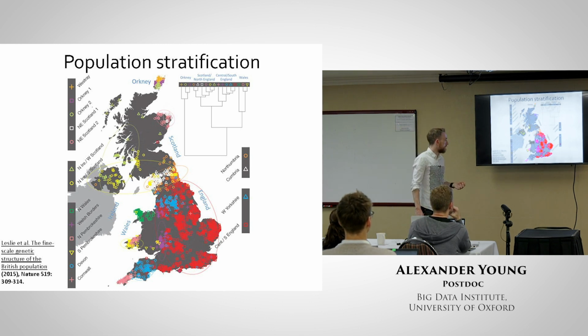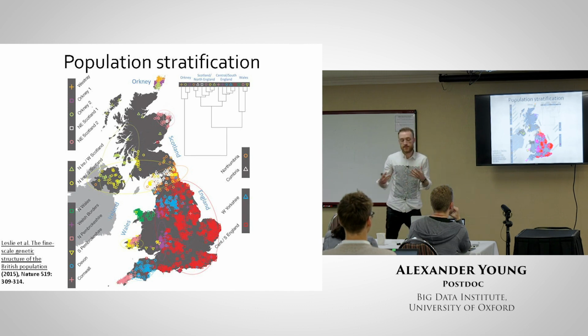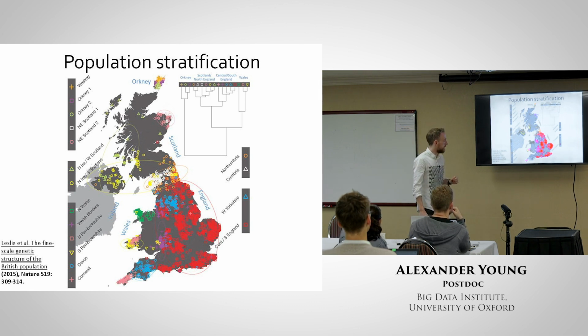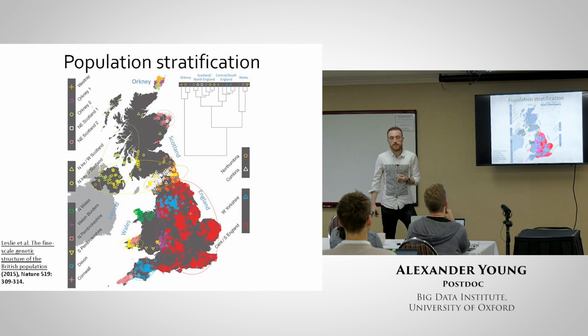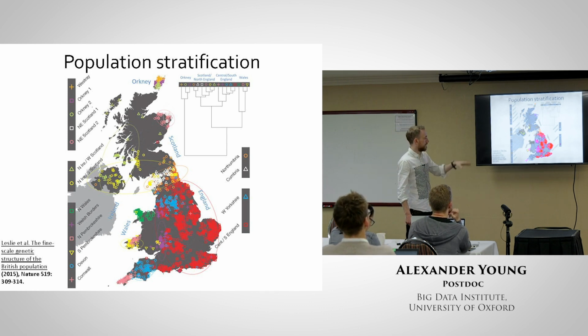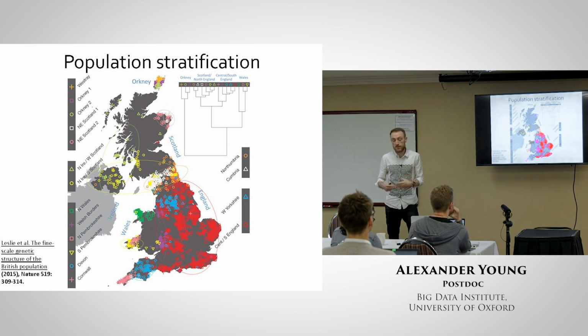So this is a map of the genetic clusters of the people of the British Isles, though it's actually probably a map of what the genetic clusters were in the past, because it's not necessarily reflecting current genetic variation in Britain. But you can see that the genetic clusters correlate with geography, and many kinds of environmental effects also correlate with geography. I mean, if you're just going north to south, then clearly sun exposure or something like that is going to correlate with geography.